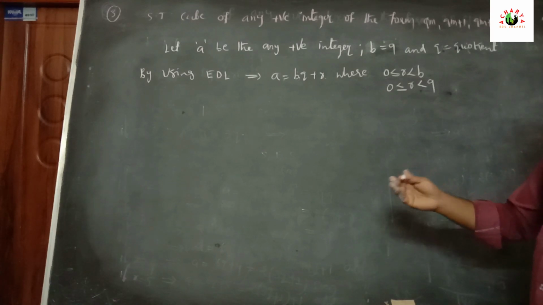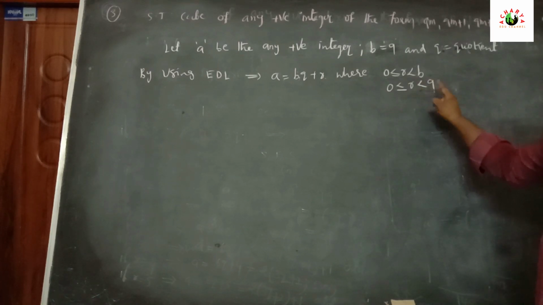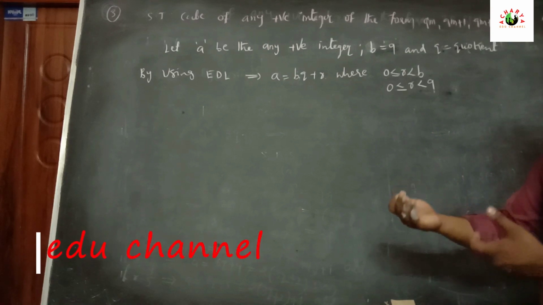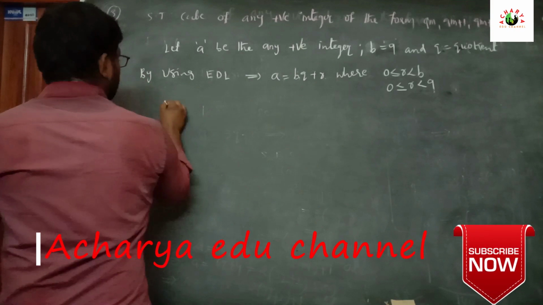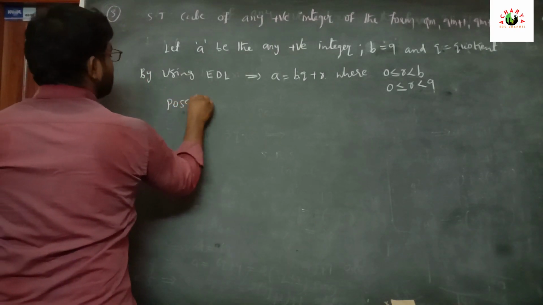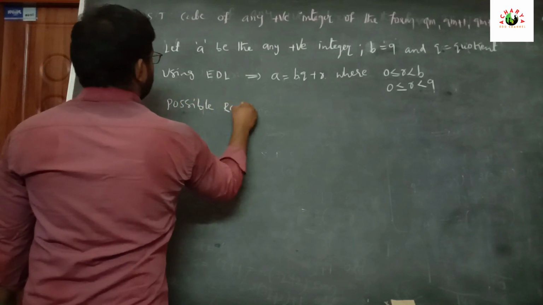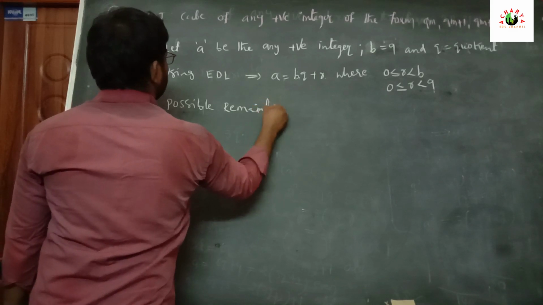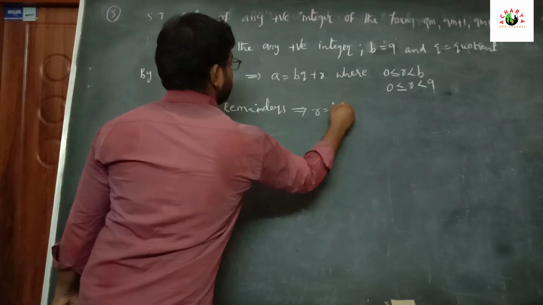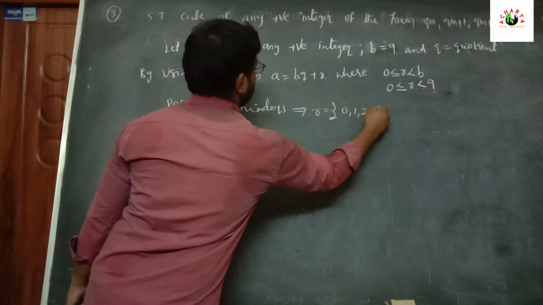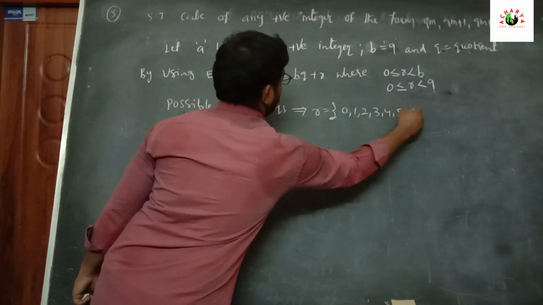Here b value is 9, so the remainders are up to 8, 0 to 8. So the possible remainders imply r is equal to 0, 1, 2, 3, 4, 5, 6, 7, 8.